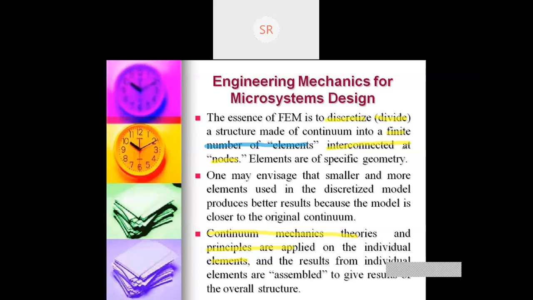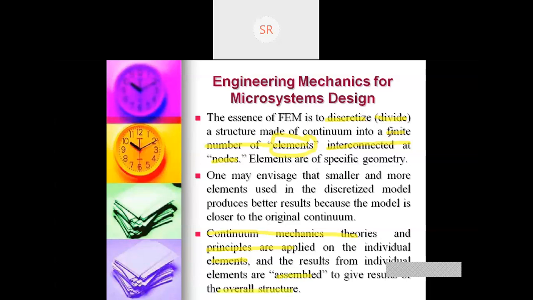Then they are interconnected at nodes, and after that I'll be applying the mechanics theories at the element level, and whatever result I got at the element level is assembled to give the final overall structure result.